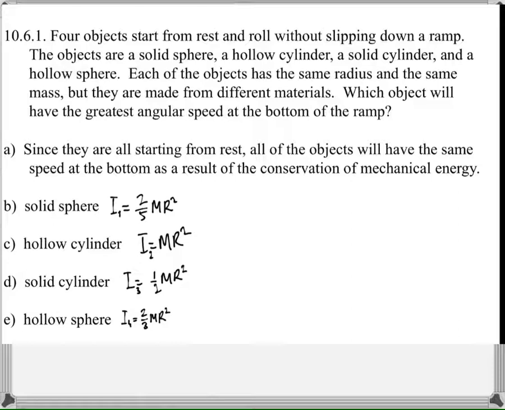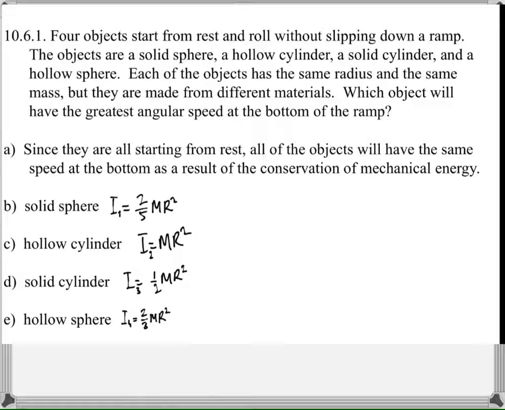4 objects: solid sphere, hollow cylinder, solid cylinder, that means a disk, and hollow sphere. Each of these objects has the same radius and the same mass, okay? They are made from different materials, whatever the materials are, we don't care.